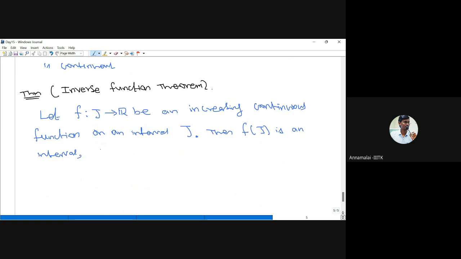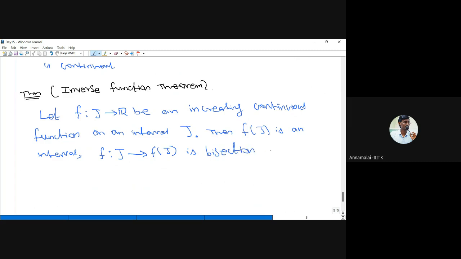Then we restrict the codomain of the function f to only the image of J, because then the function is a bijection. We can easily show it's one-to-one and onto. So clearly this is a bijection.